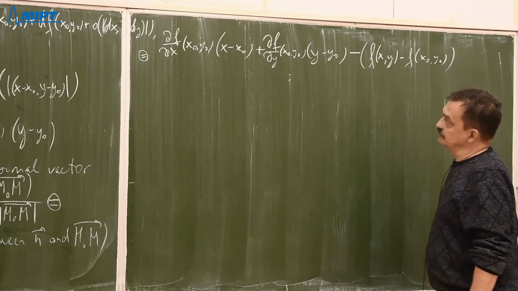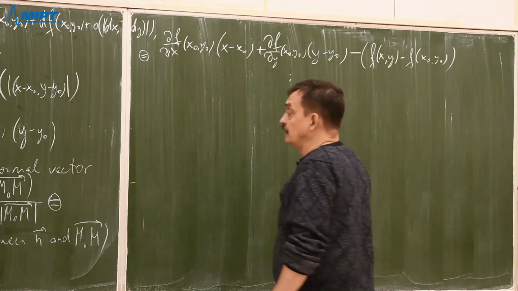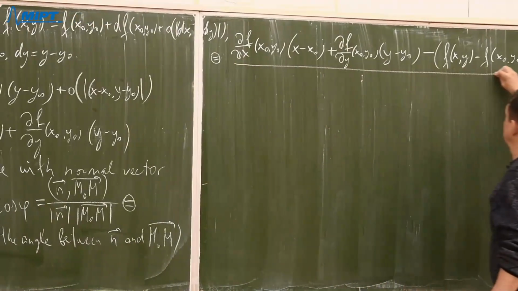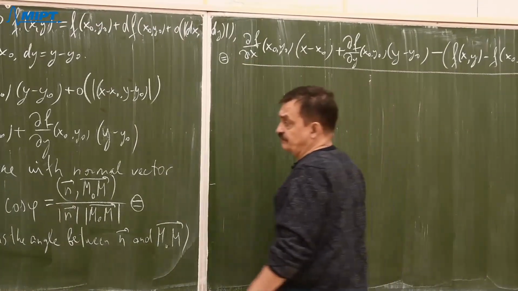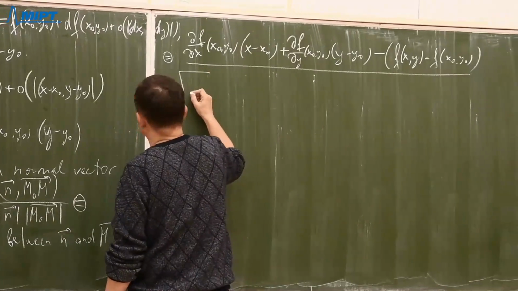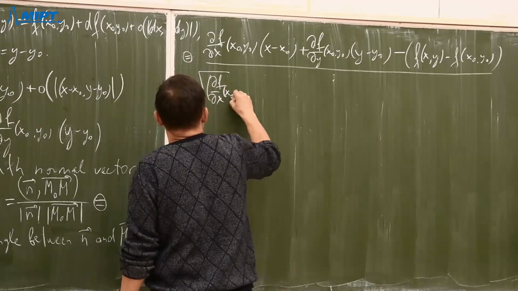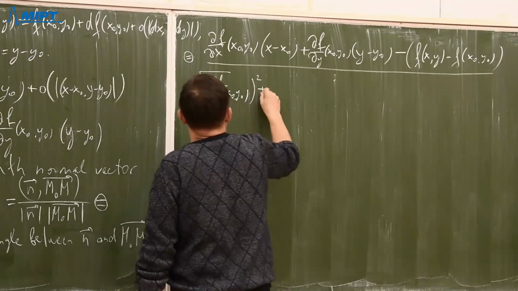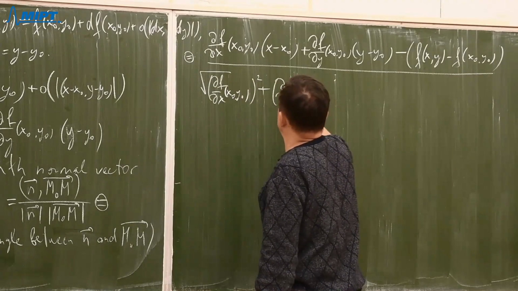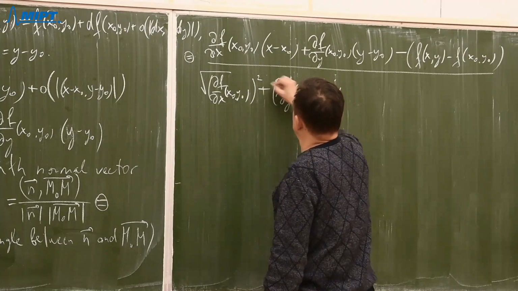That is what is written in the numerator, and then divided by the length of n, the square root of the partial derivative of f with respect to x squared plus the partial derivative of f with respect to y squared plus 1.